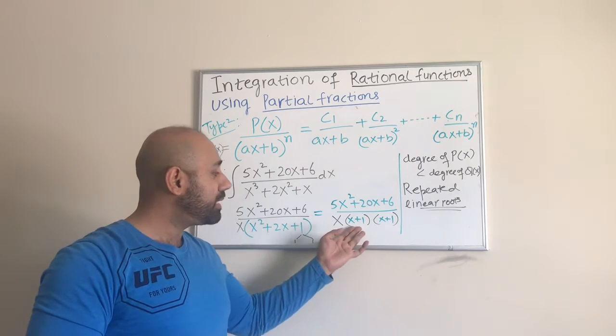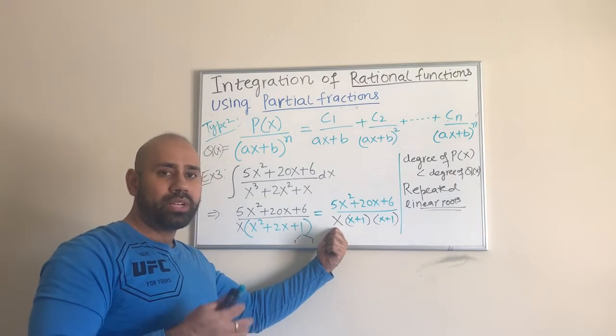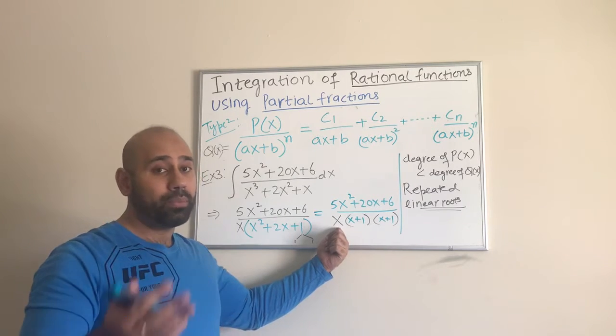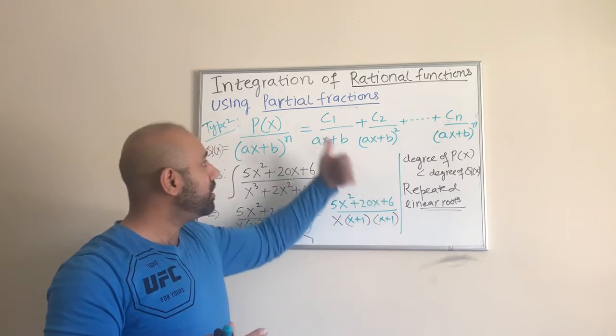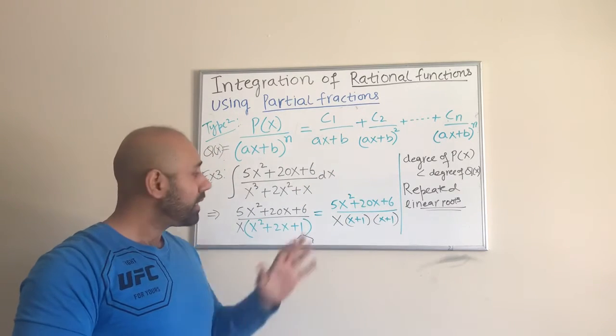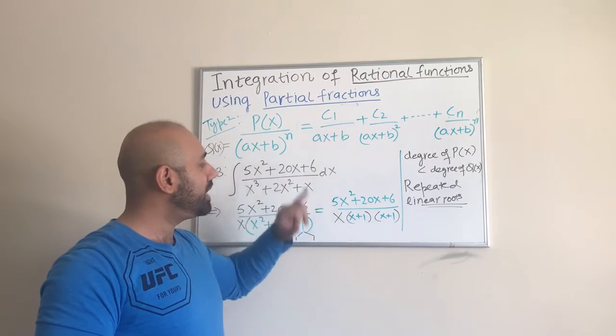But here, x plus 1 repeats. Although x does not repeat, so we're going to treat it like what we would usually do in type 1. But guys, since x plus 1 repeats, we have to deal with it using type 2, okay? So this satisfies in a way both type 1 and type 2.